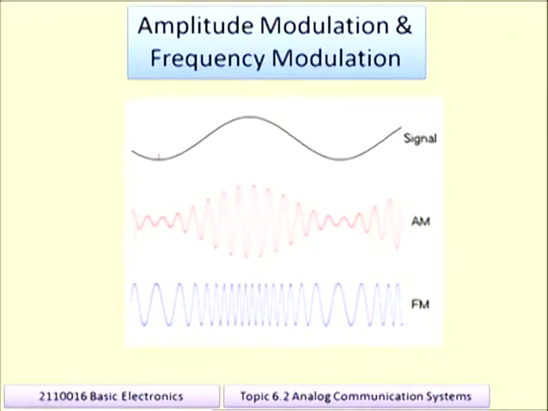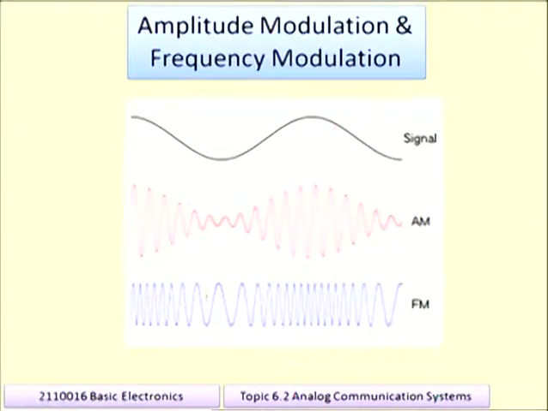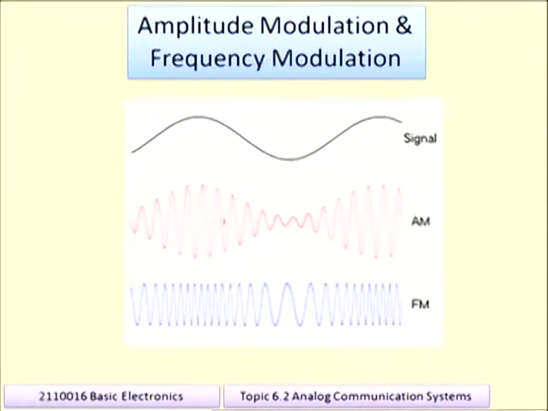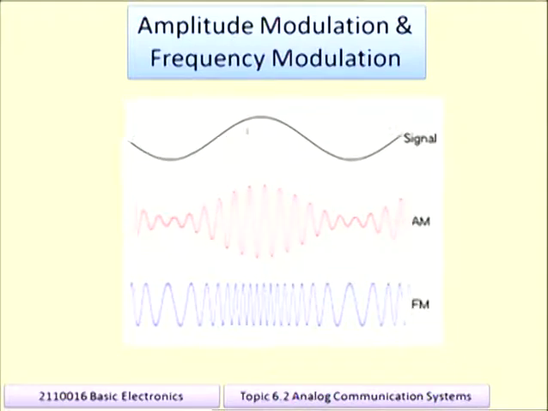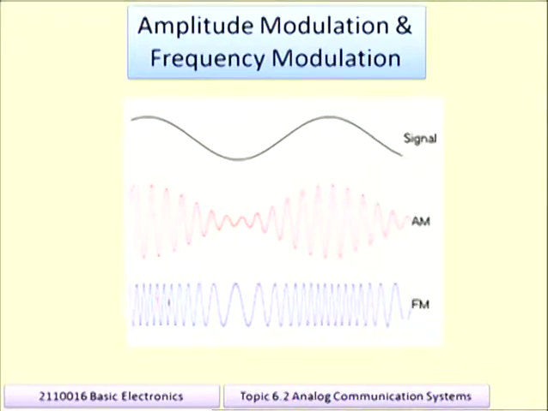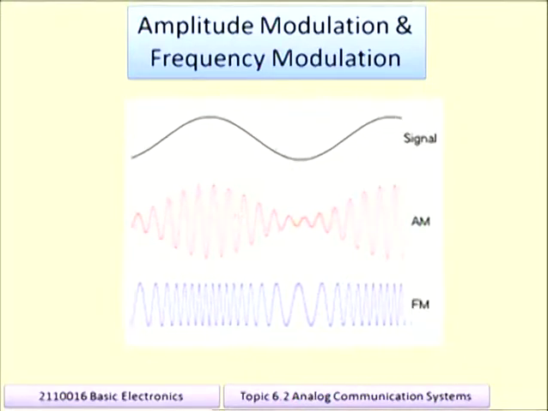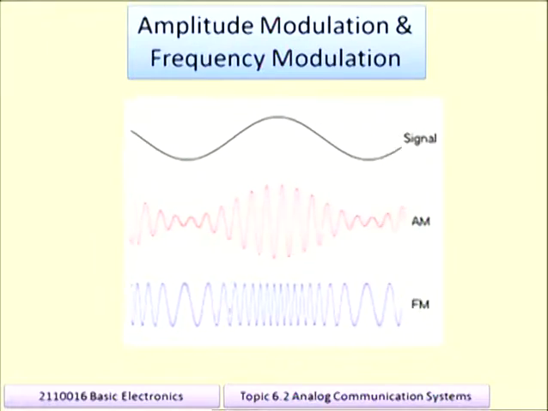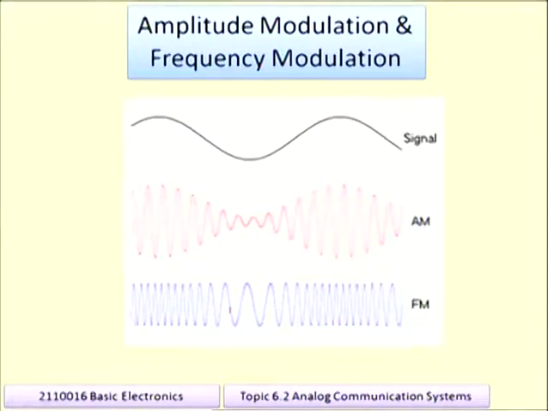As the instantaneous amplitude of the message signal changes, the carrier frequency changes. When the instantaneous amplitude of the information signal is high, the carrier frequency is high. When the information amplitude is low, the carrier frequency is low. Basically, we are changing the frequency of the carrier signal, so that is known as frequency modulation. And amplitude modulation and frequency modulation are useful for commercial broadcasting purposes.